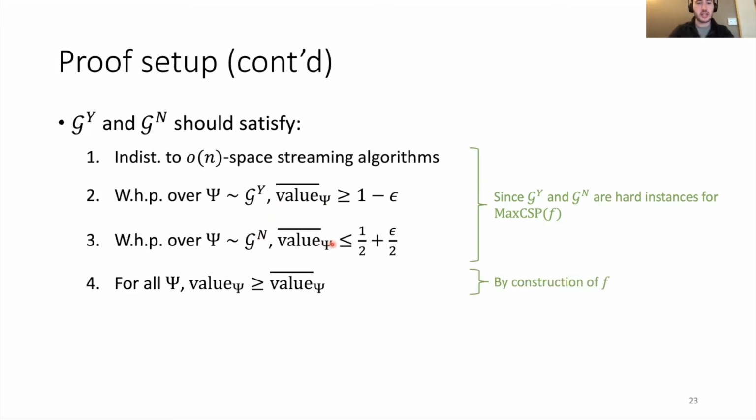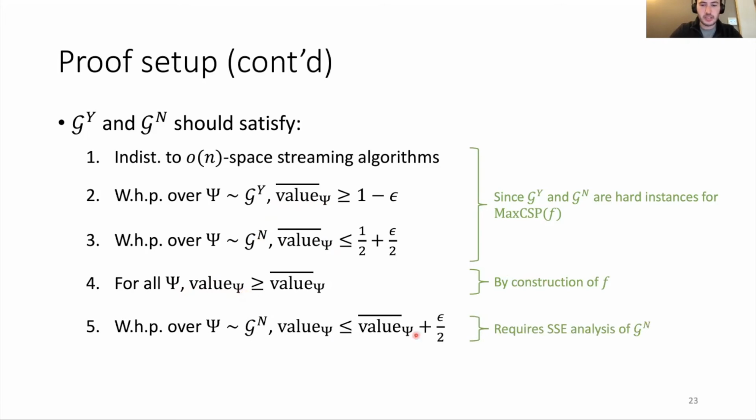Next, we're going to construct f in such a way that for every instance psi, its MAS value is at least its max CSP f value. And finally, we're going to do a particular small set expansion analysis of the distribution of no instances gn. That's going to show that with high probability over a no instance psi, its MAS value is not too much larger than its max CSP f value.